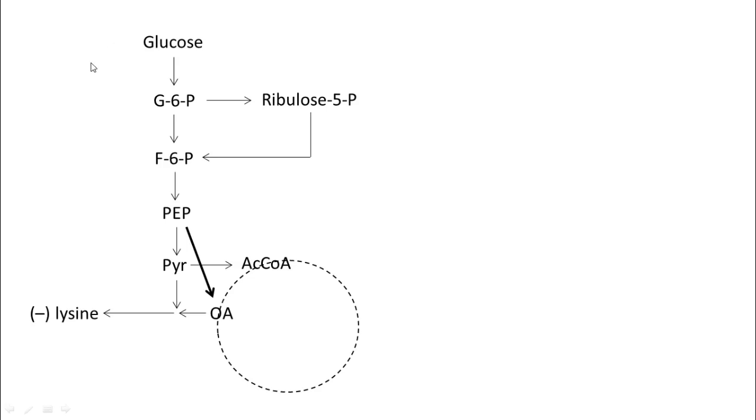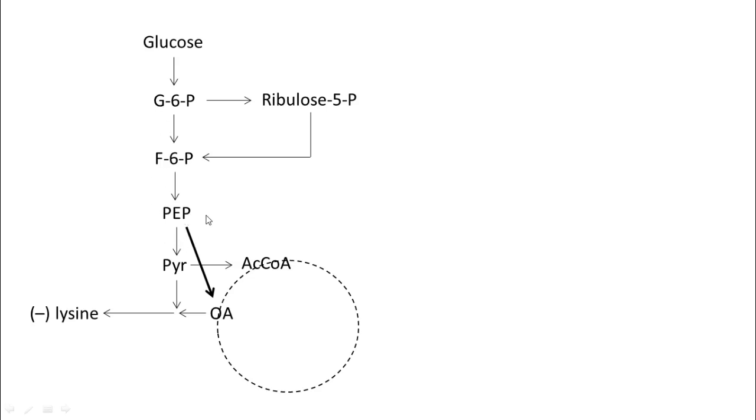So, some details. This is the primary pathway that we should be interested in for lysine production. This is a part of glycolysis, glucose going to glucose 6-phosphate to fructose 6-phosphate to phosphoenol pyruvate to pyruvate. And then there is this branch point which is important here. Glucose 6-phosphate through ribulose 5-phosphate comes back to fructose 6-phosphate.